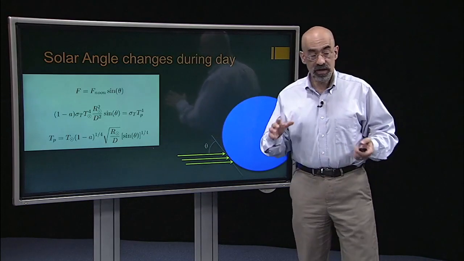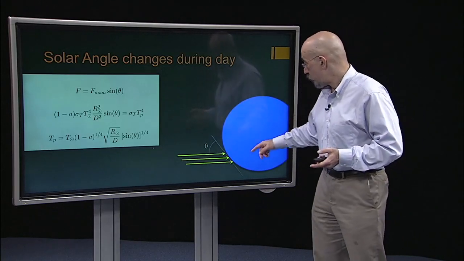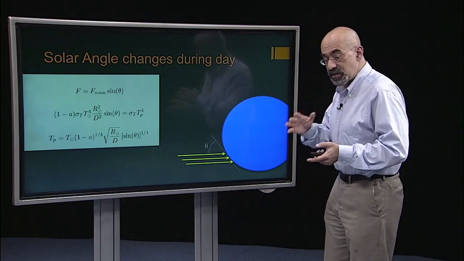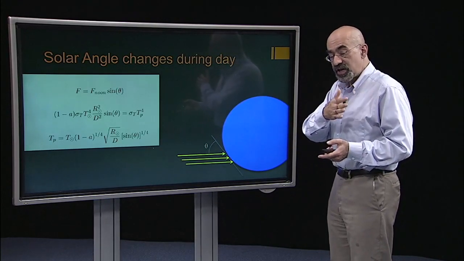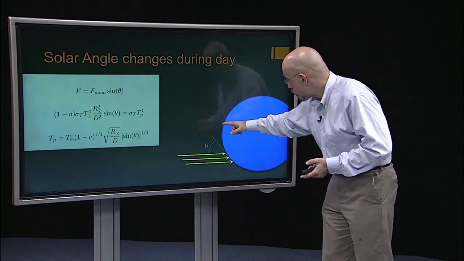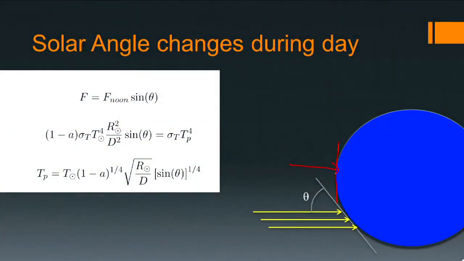If you think about what it's like to be on Mercury's surface, let's imagine ourselves on the equator, as Mercury rotates, only a fraction of the sunlight starts hitting the surface. Showing this effect here, when we're on the equator at noon, all the light comes in, strikes the surface.